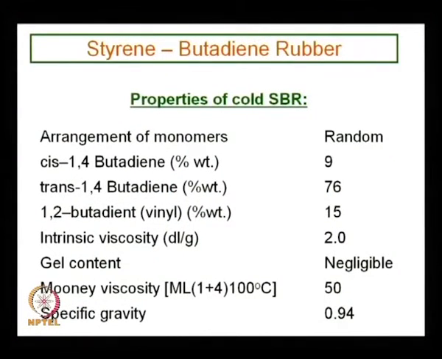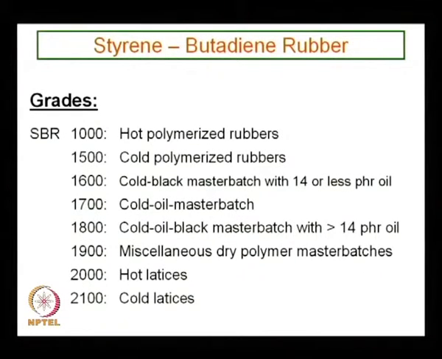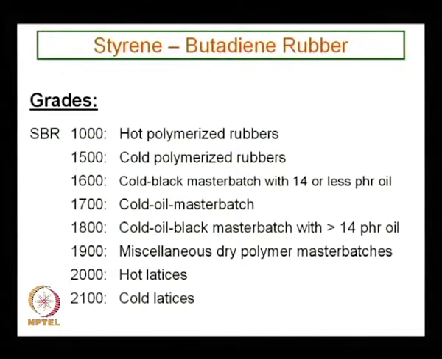Then specific gravity. These are the properties that have been evaluated for synthetic rubbers, and the same properties are also evaluated prior to vulcanization, prior to compounding, etc. All these properties are evaluated for natural rubber also. And these are the various grades. As I mentioned, these are available in a large number of grades; only a few are mentioned over here for clarity and your comprehension.